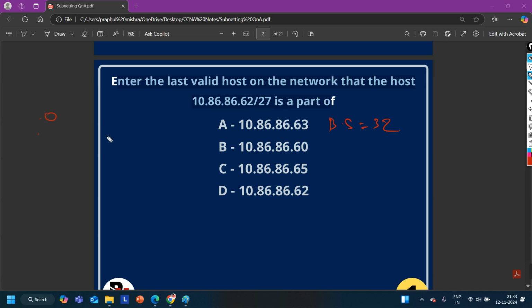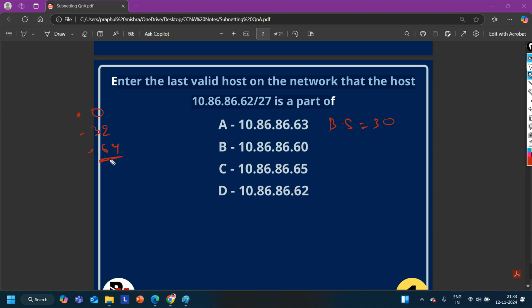There is one another method: check which value is the nearest multiple of 32 to this number. .0, .32, .64.